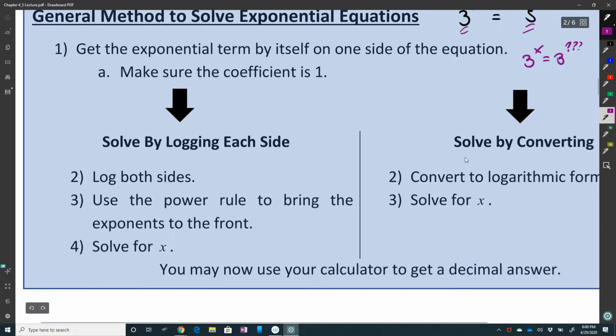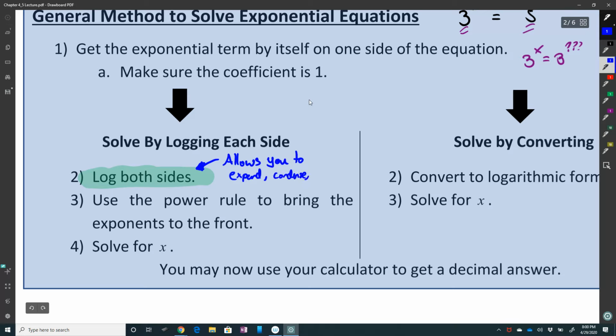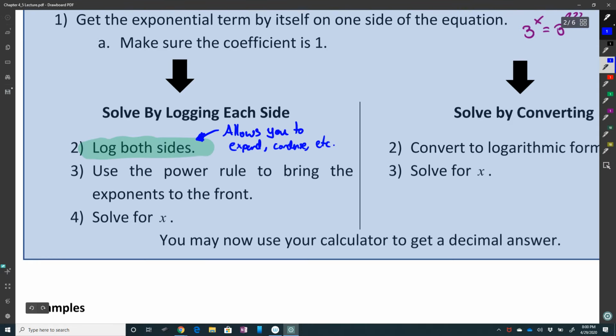Now, one way to do it is what we say log both sides. This is a very powerful move. If you log both sides, this allows you to expand, condense, etc. Usually the rule that you're going to use, though, is the power rule.